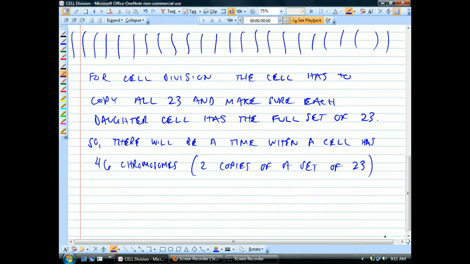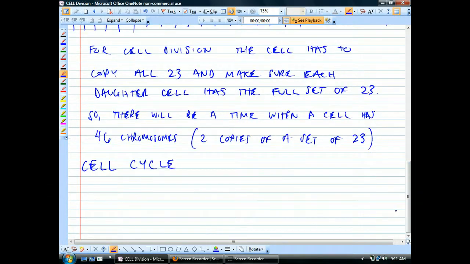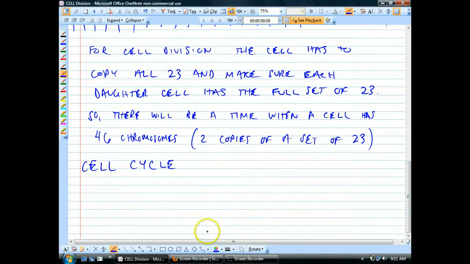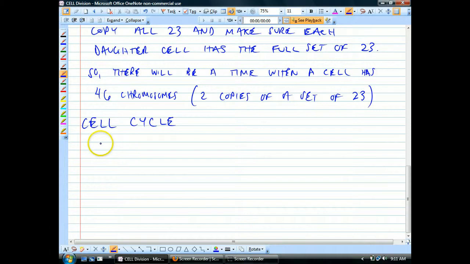So let's talk about the cell cycle. Basically the cells in your body go through this cycle all the time. Your book has a picture like this on page 102. It's a pie chart.